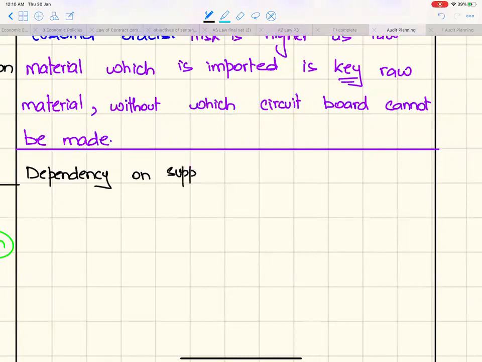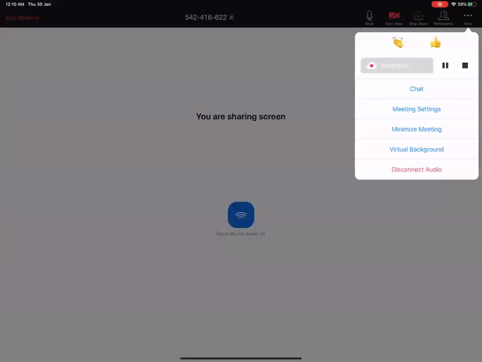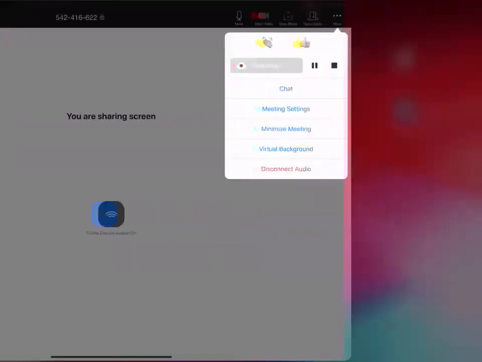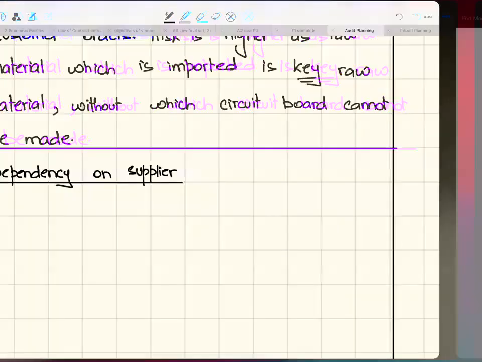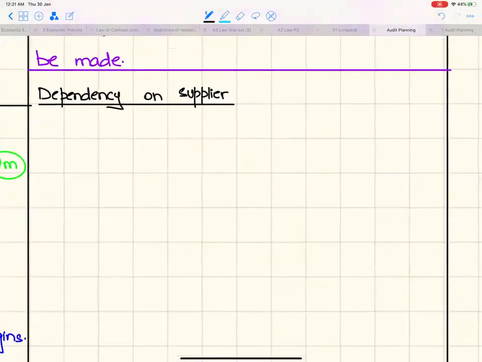So we were writing dependency on supplier.